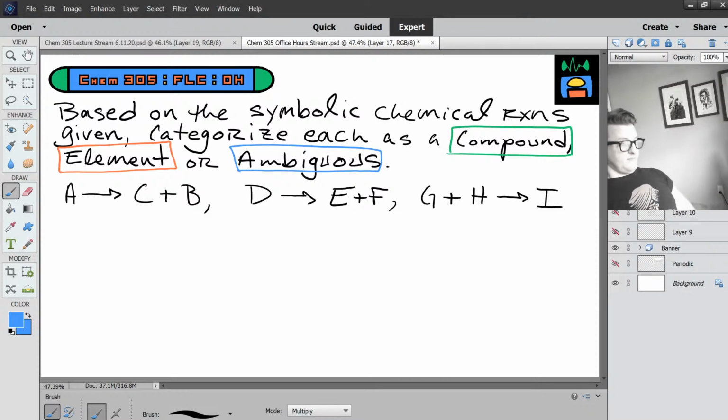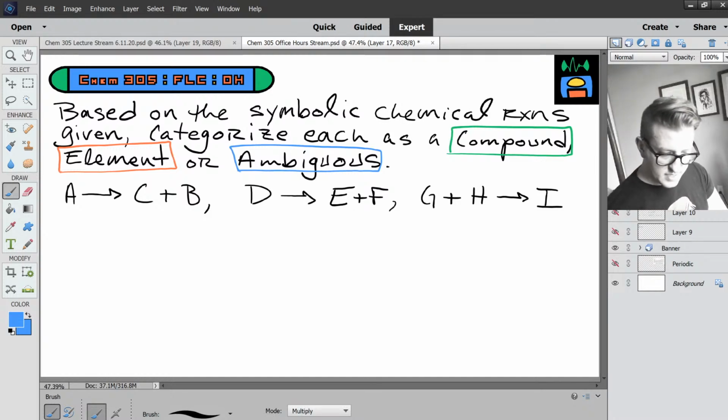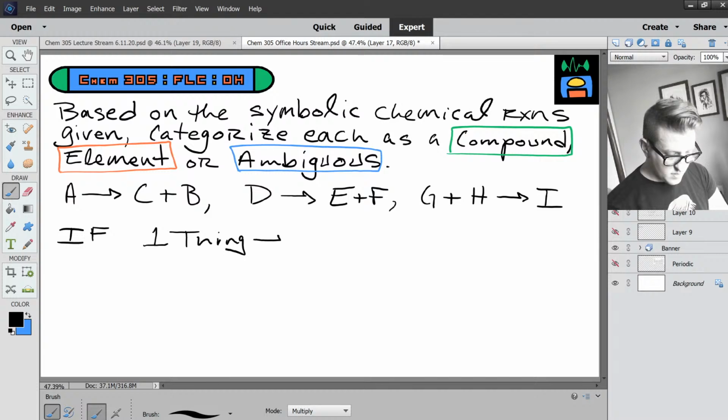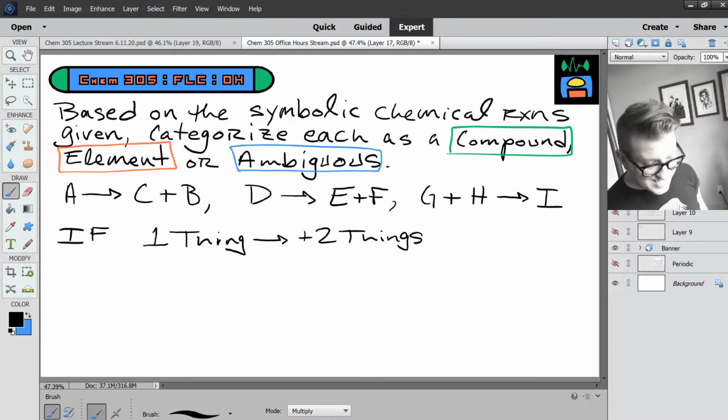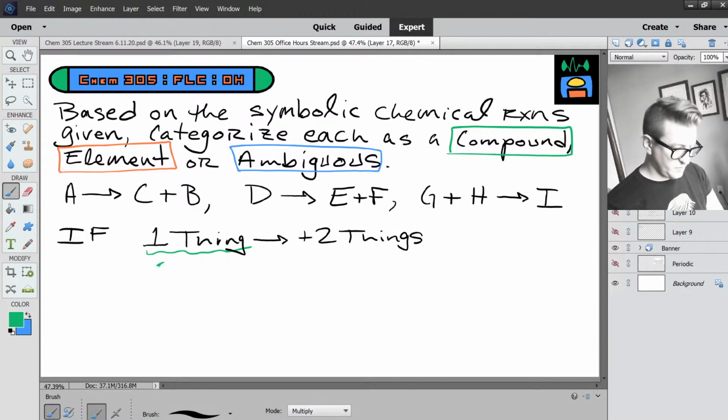So here's the thing. If you have a reaction where one thing breaks down into two or more things, that tells you that this one thing is a compound.